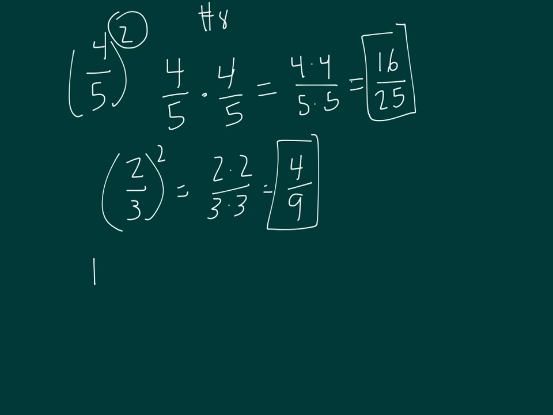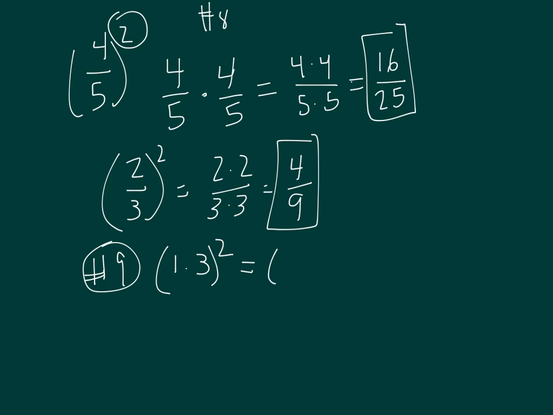Number 9 on the test also has a square in it. In this case, we had 1.3 squared. A lot of people were giving an answer of 2.6. Again, this is an exponent, not a multiply.